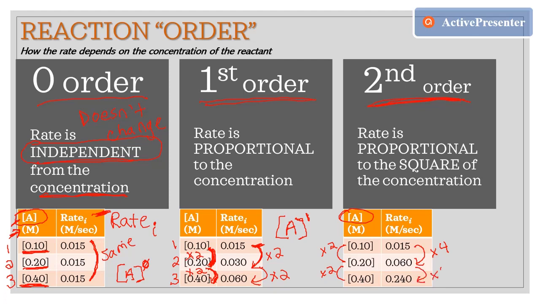So again, that's quadrupling. And so in second order, we're going to write this with the concentration of A and a 2 as the exponent. That denotes that the concentration of A in this specific experiment is second order.